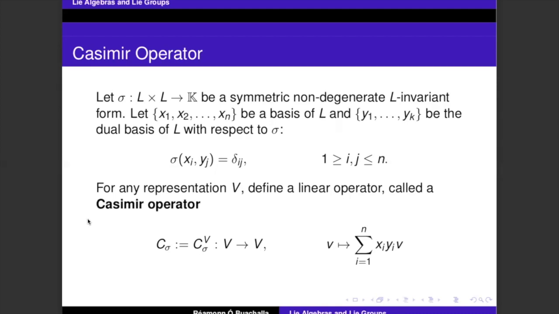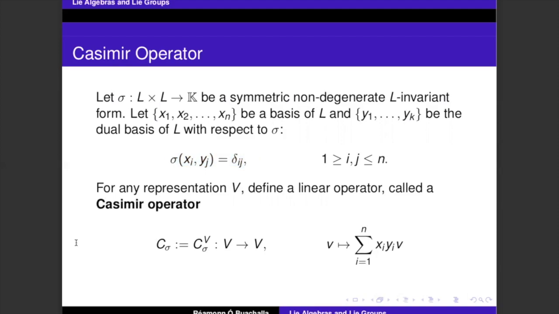So there will always be an element that x_1, for example, pairs with to give a non-zero scalar. But that's not guaranteed to be x_1 itself. It could be another element. So in general, you have two bases that you will pair, and they satisfy this condition with respect to the Kronecker delta and sigma.